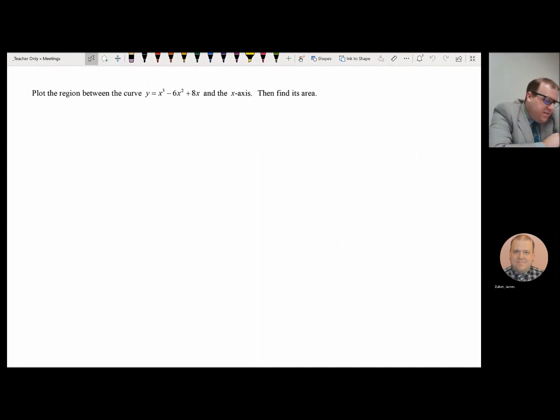So the region between x cubed minus 6x squared plus 8x and the x-axis, and then we'll find its area. Remember, what does a normal integral give you?